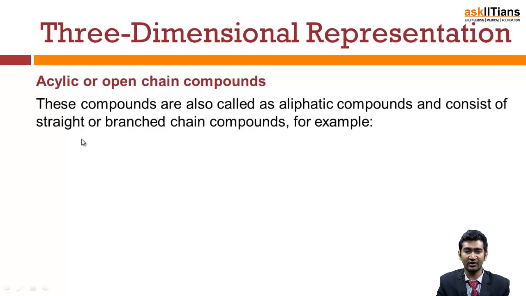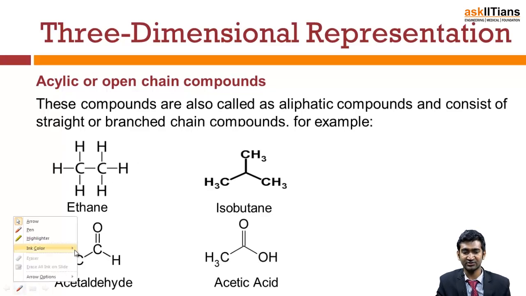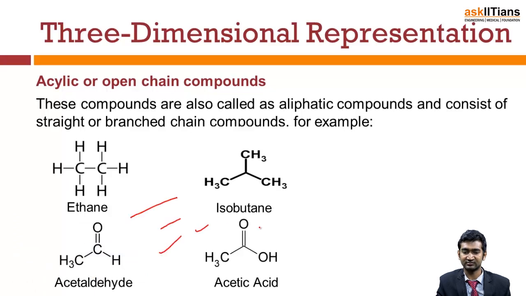So acyclic, you already know, are the open chain ones. Aliphatic, we also say them. All these structures are the aliphatic, open chain structures. There is nothing closed here.